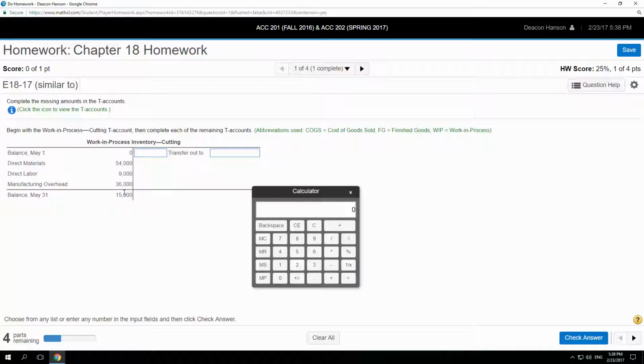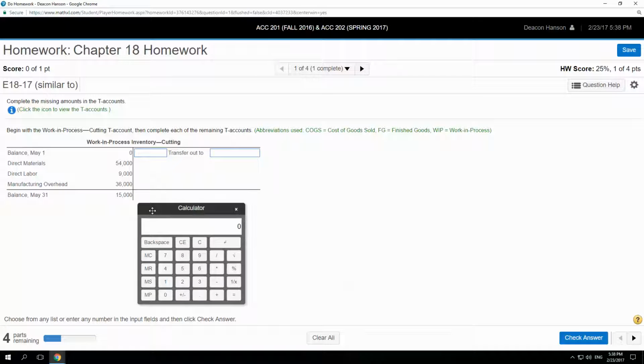So what we have to do is get the total of these three and subtract the 15 to figure out what was transferred out. Okay, so I'm going to do the math on that first. 54 plus 9 plus 36, 99.